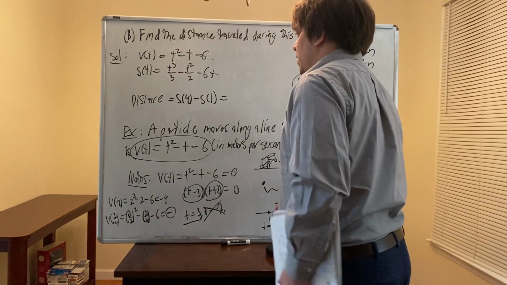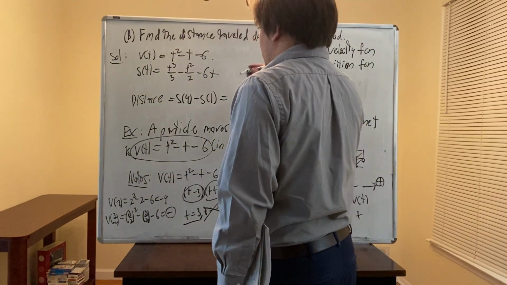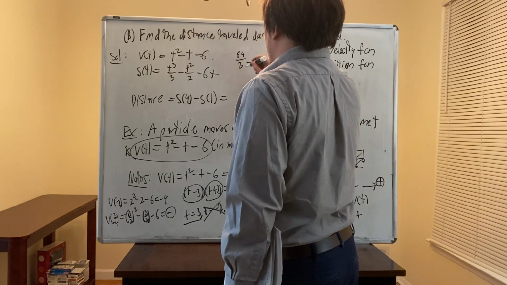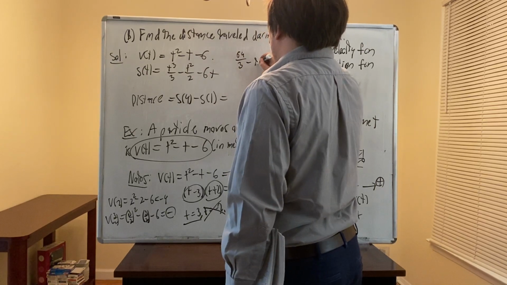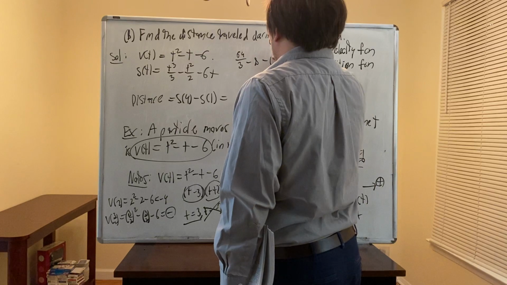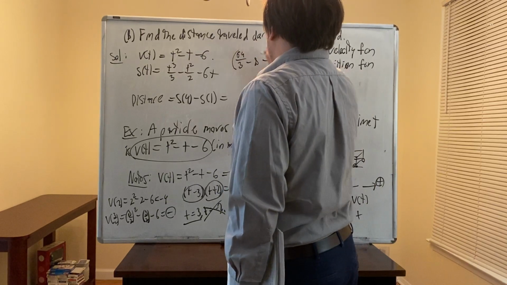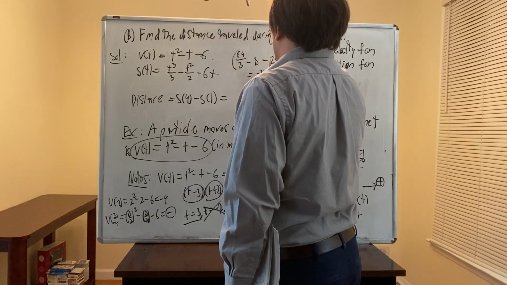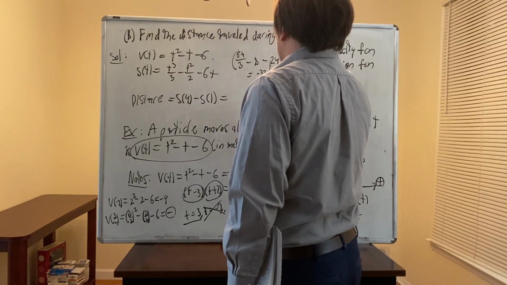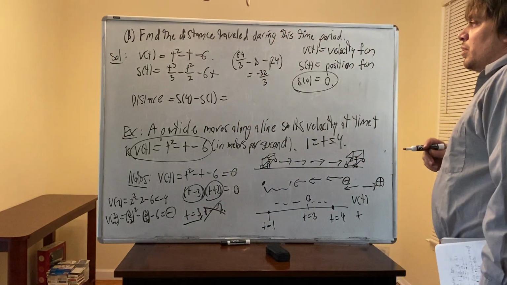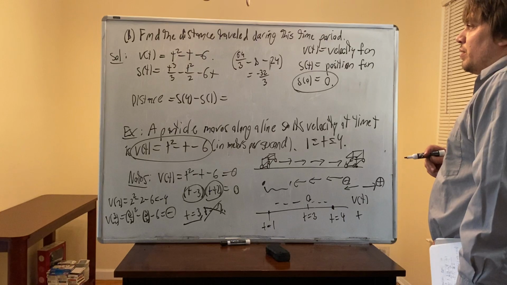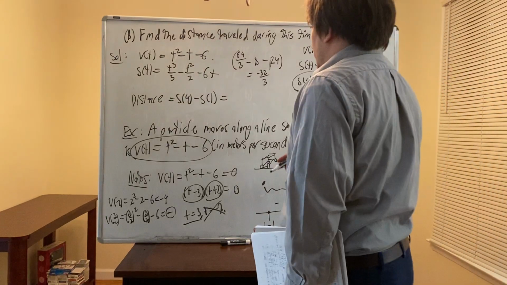That would be 64 over 3 minus 6 over 2, which is 8 minus 24. It's negative 32 over 3.